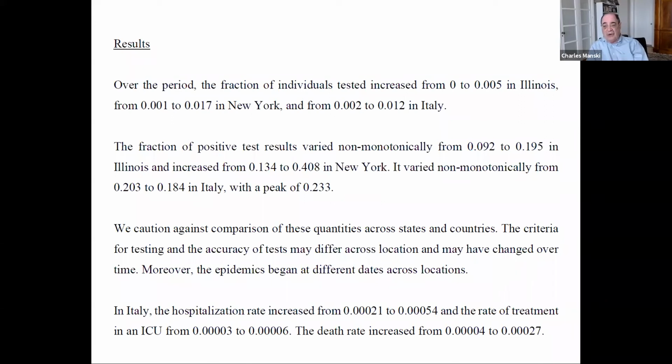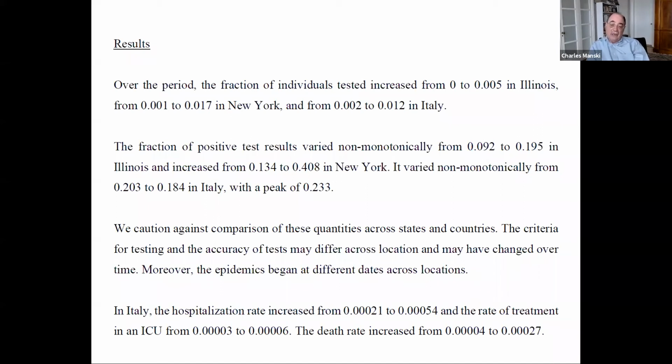So the fraction of positive test results has varied during this period from roughly 9% to 20% in Illinois, from 13% to 40% in New York, and in Italy it stayed roughly around 20% across the people tested. We have a caution here against comparing these quantities across places or over time, because the criteria for testing and the accuracy of the testing may be different across locations and time.